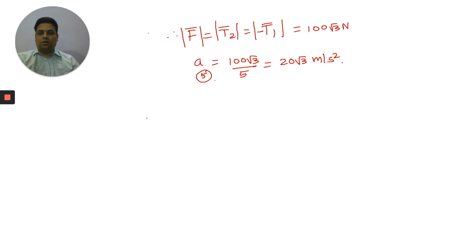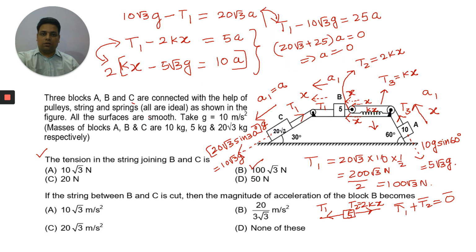After removing that left side string, the left side string is just cut, you would get this acceleration. And we are not considering any changes in T2. The reason is we got a spring on the right side. As soon as you cut this left side string, there won't be any abrupt changes in the spring.